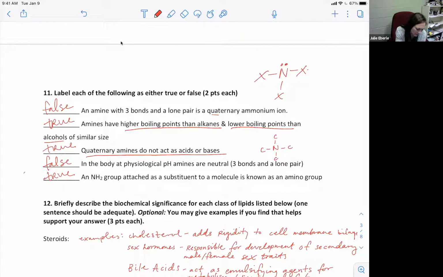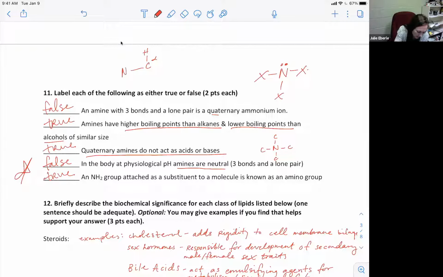I thought this one right here was the trickiest one, but it was on a slide. It was straight from your lecture notes. In the body at physiological pH, amines are neutral. That's false. They're in their ammonium ion form. That's why, I mean, look at all those amino acids we just talked about. Here's the alpha carbon at physiological pH on the table.